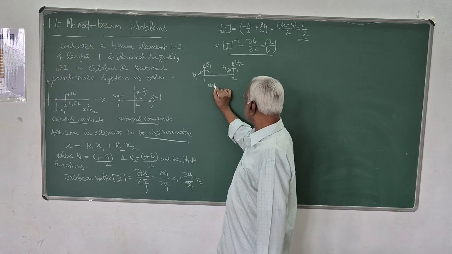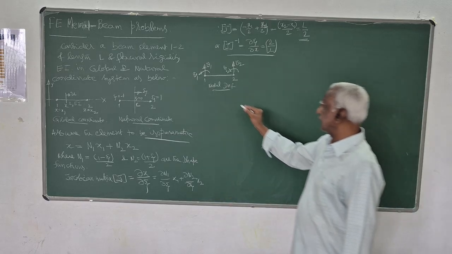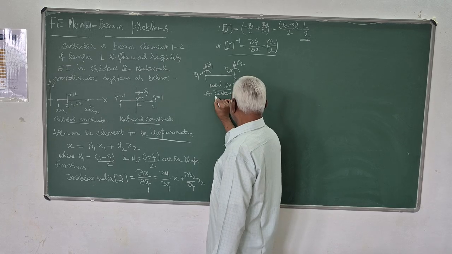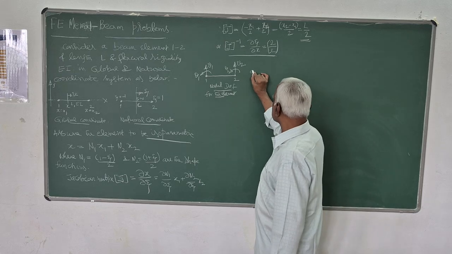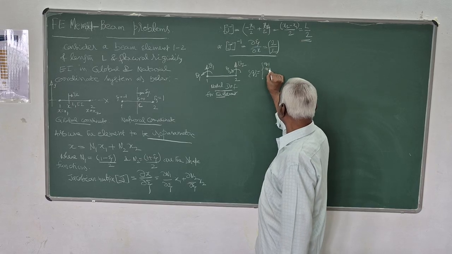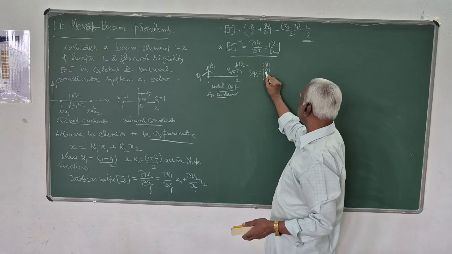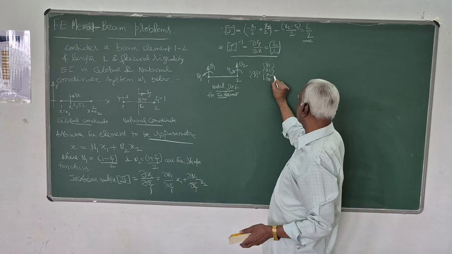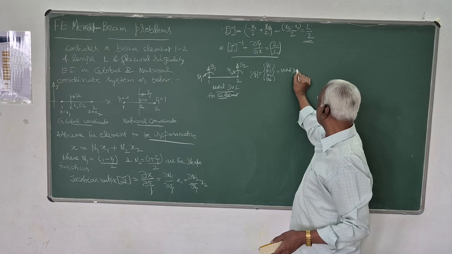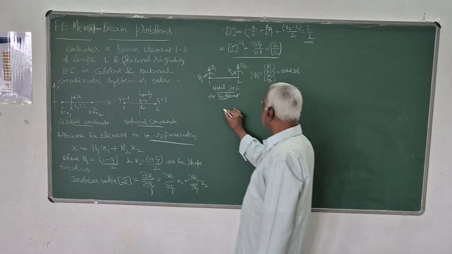The nodal degrees of freedom of the element are v1, theta 1, v2, theta 2. This also we know.